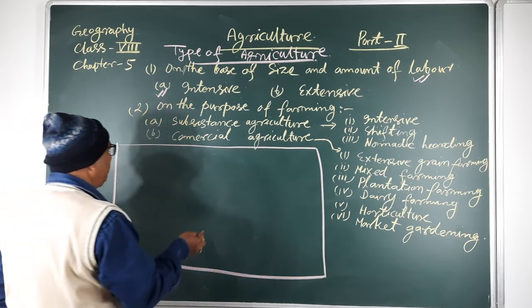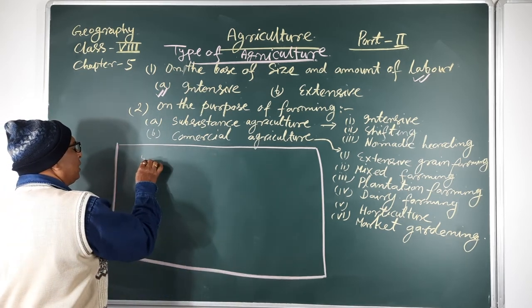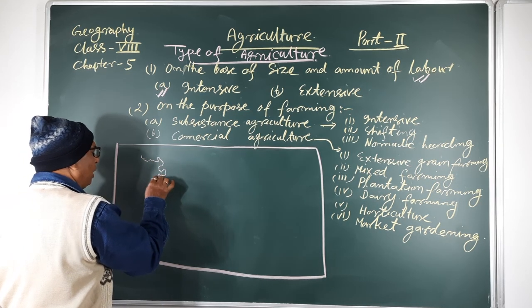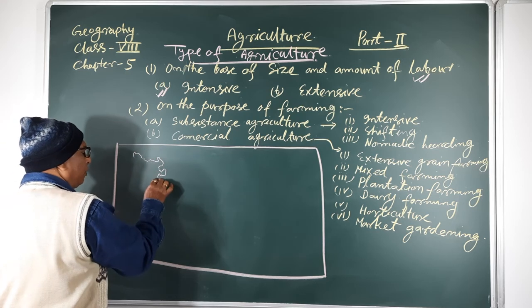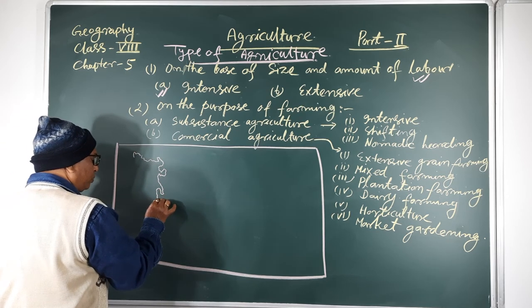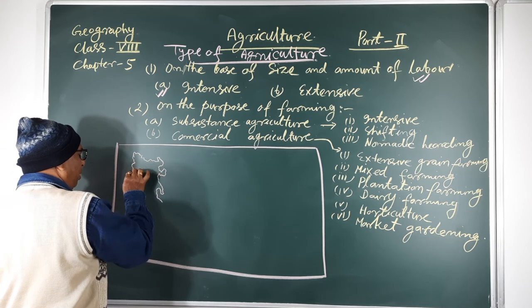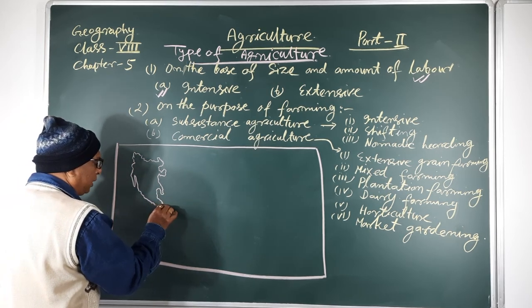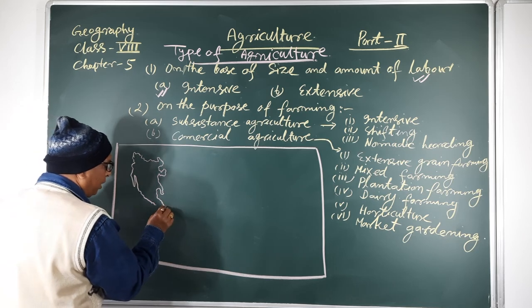So we can also see these types of areas of agricultural farming on the world map. Suppose that this is a rough sketch of the world map. Suppose these areas cover what is known as the North American belt.